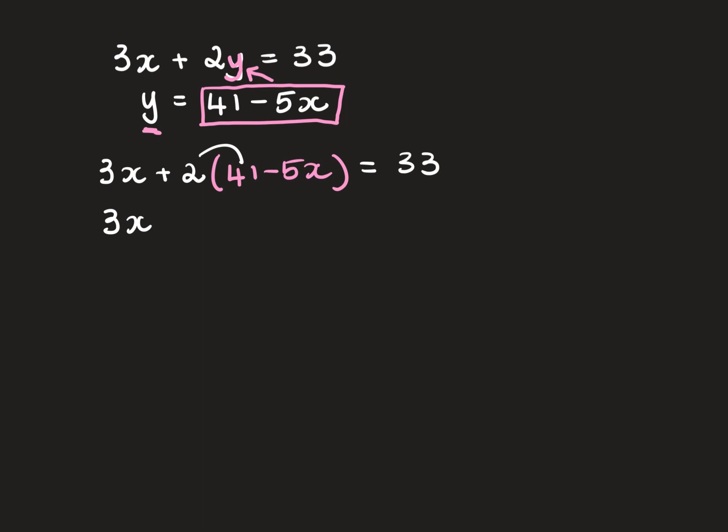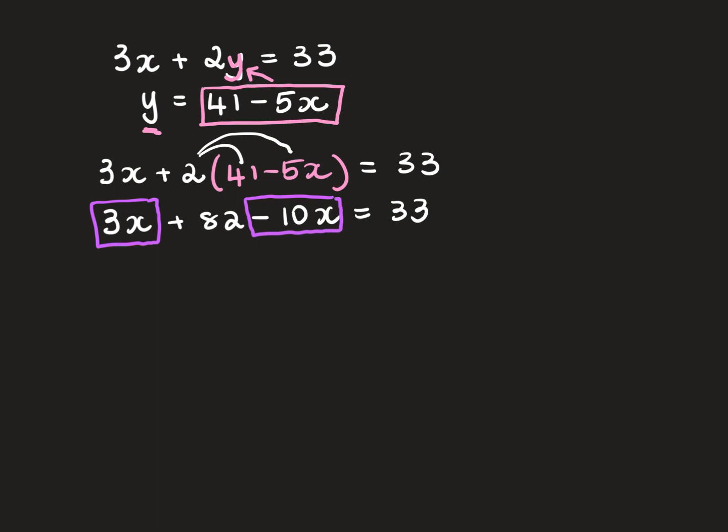What do I do next? Expand out. That's going to be 82, 5 2s are 10, minus 10x equals 33. Next thing I need to do here is collect like terms, and I need to make sure I don't muck up my negatives. 3x minus 10x, that's going to give me negative 7x, and then I have plus 82 equals 33.